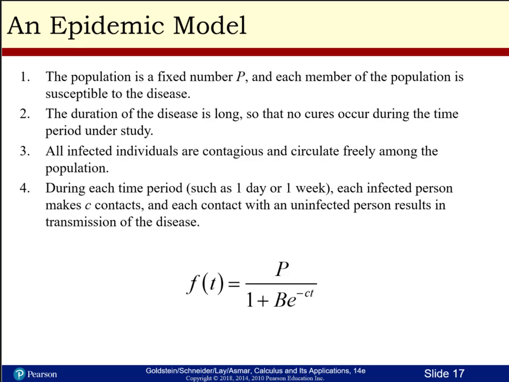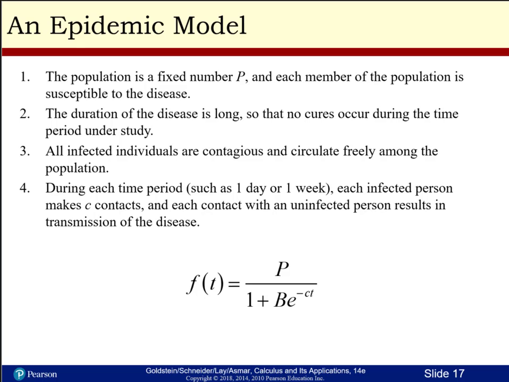Number one, the population is a fixed number p, and each member of the population is susceptible to the disease. Number two, the duration of the disease is long so that no cures occur during the time period of the study. Number three, all infected individuals are contagious and circulate freely among the population.